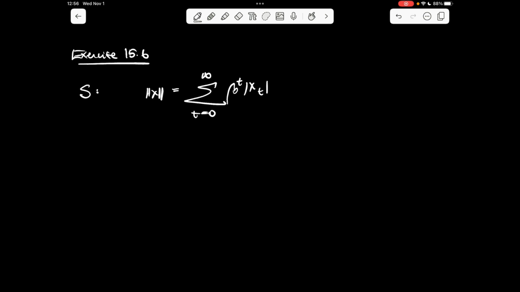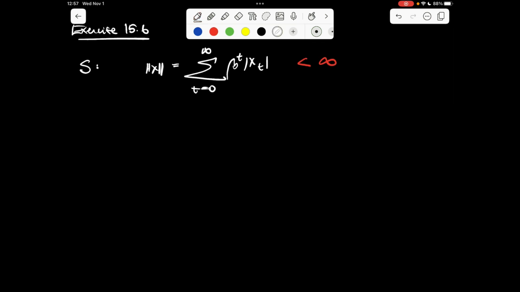So we have infinite sequences which are bounded in this norm, and we have a convex set in this space, which is defined in this way.